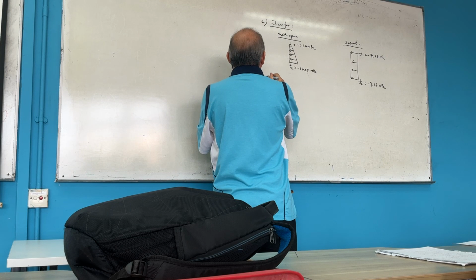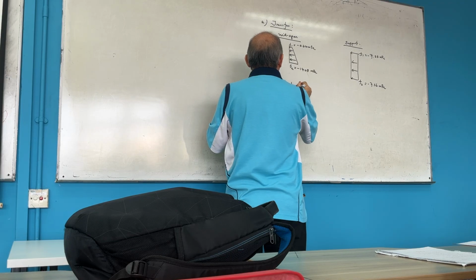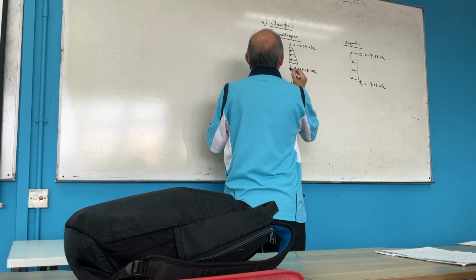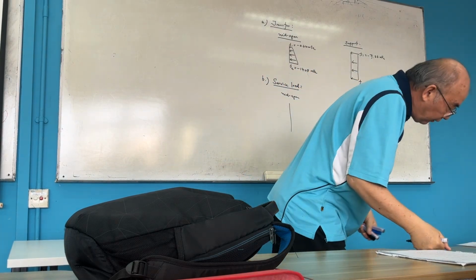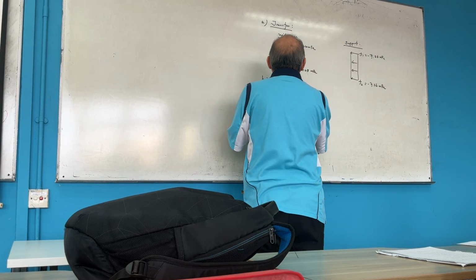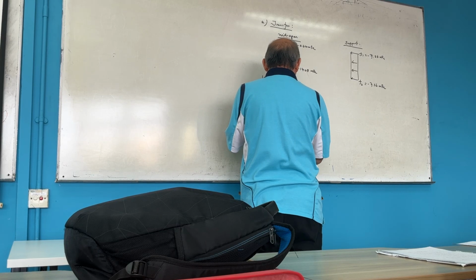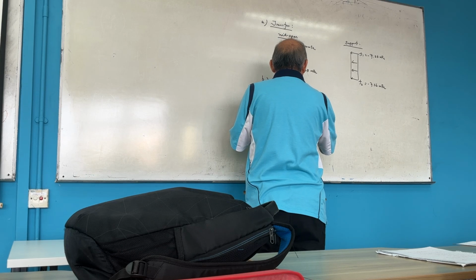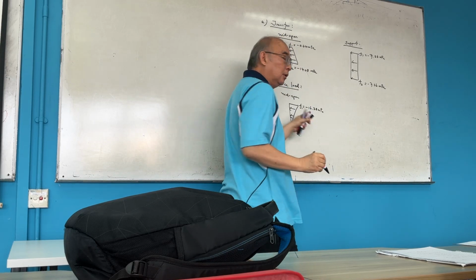Then B is service load. At the midspan, you have 13.38. Here F1 is equal to negative 16.38 MPa. That means compression.